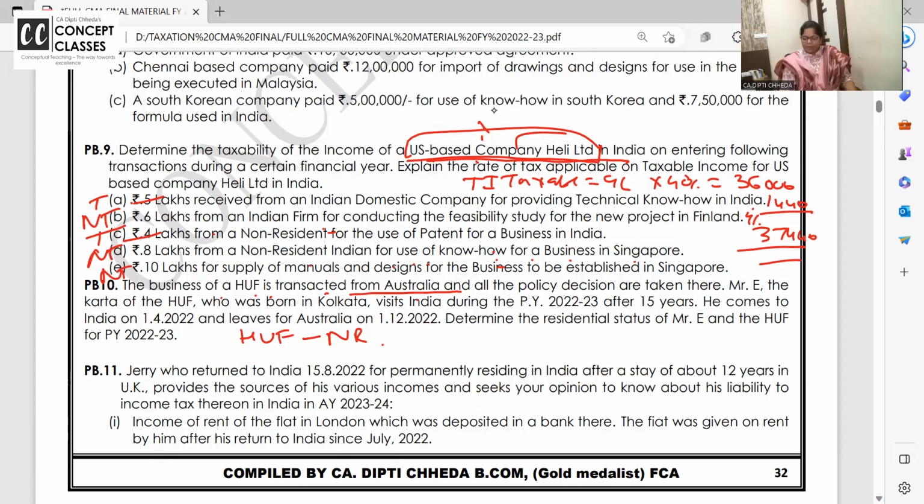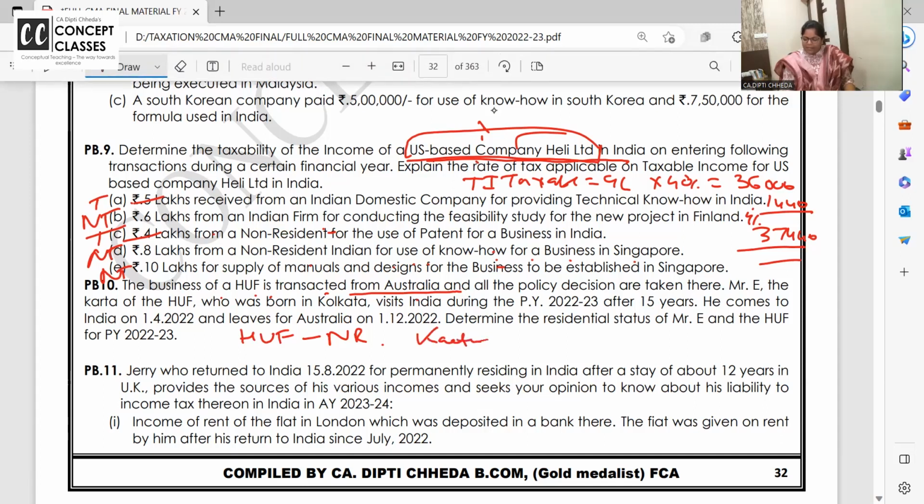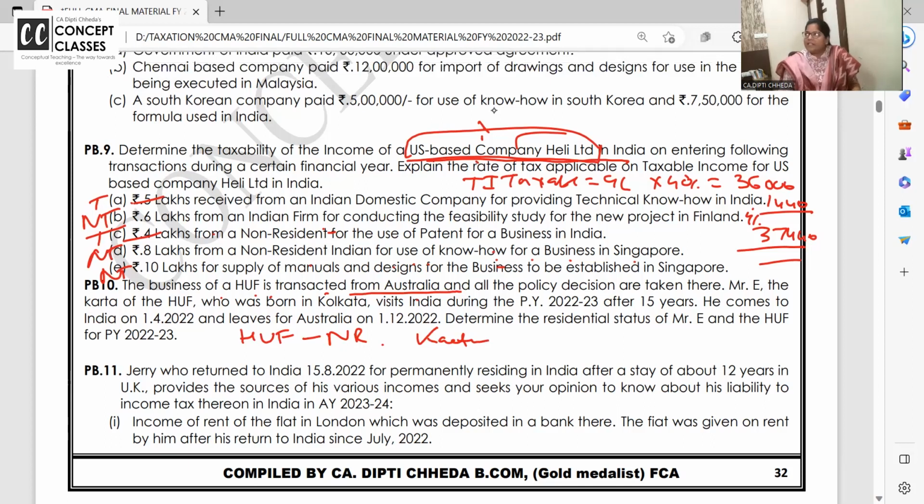Is it understood? HUF is non-resident. Now the turn of the Karta is coming. If HUF is resident, then you have to check the additional conditions for the Karta. But here the HUF is non-resident. Now whose turn is it? Karta. So the turn of the Karta is coming, so check.